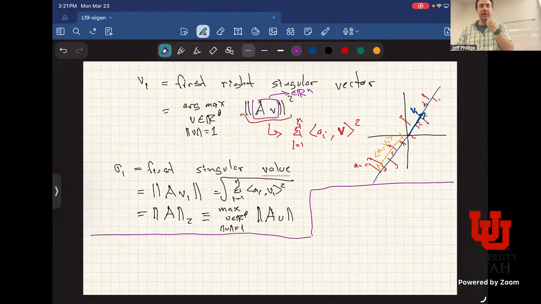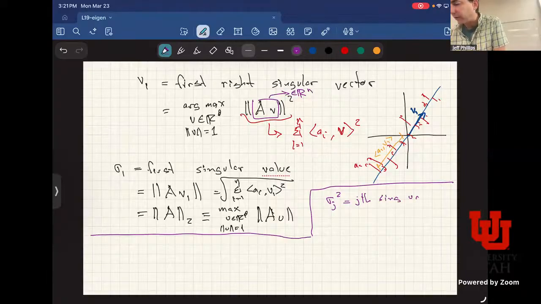Now, what is a bit more interesting to think about here is sigma j squared, where this is the jth singular value squared.